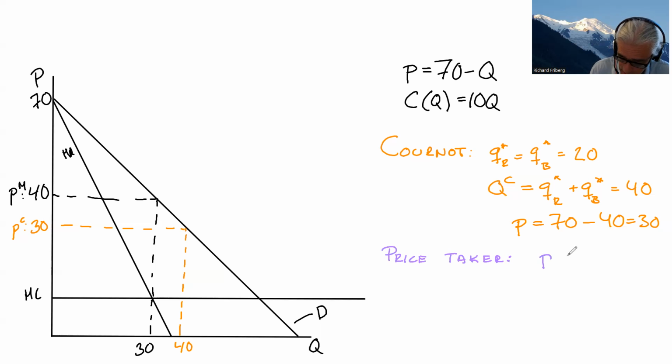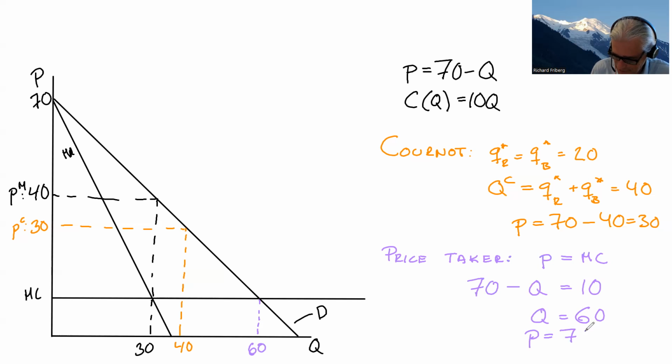Well, it would set quantities such that price equals marginal cost, right? So 70 minus Q equals marginal cost, which is 10. So Q equals 60 in that case. Price is equal to marginal cost directly, or we could go the roundabout way and do the calculation and see that it's 10 here.